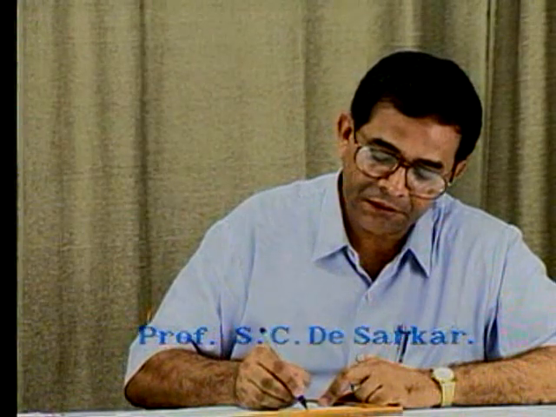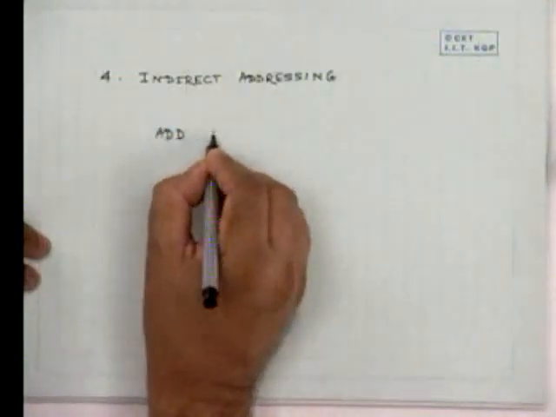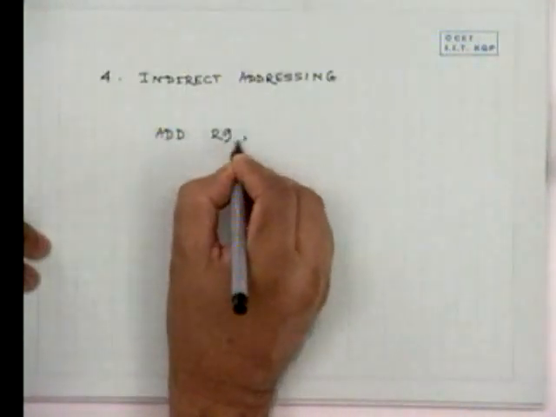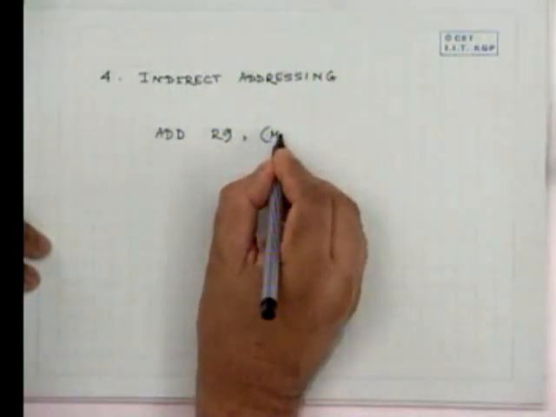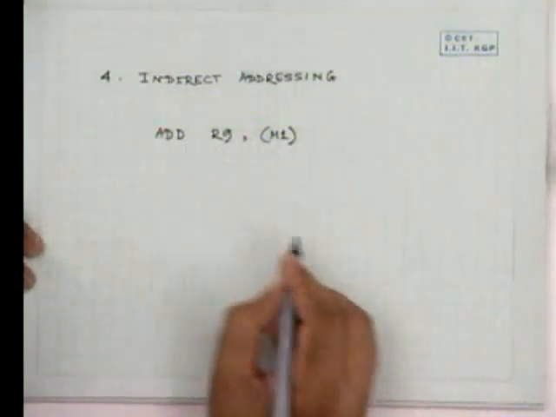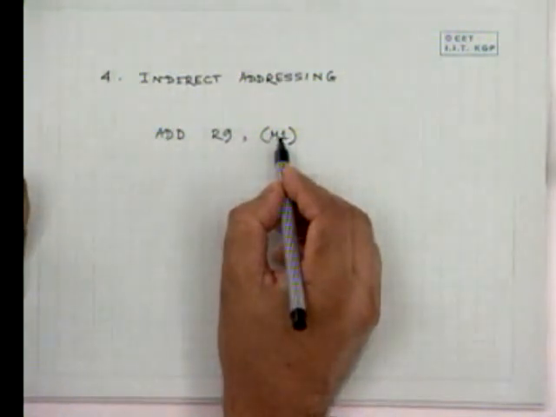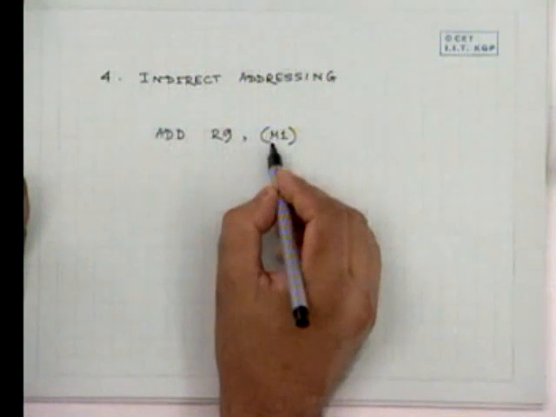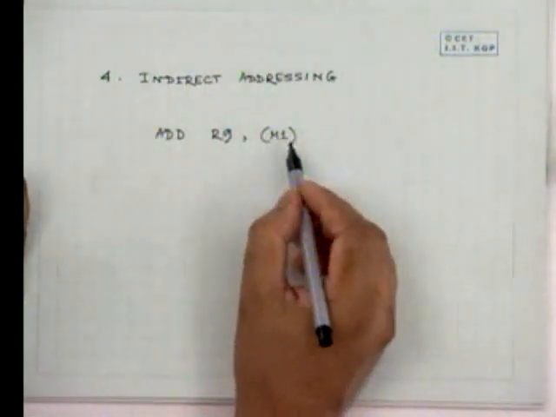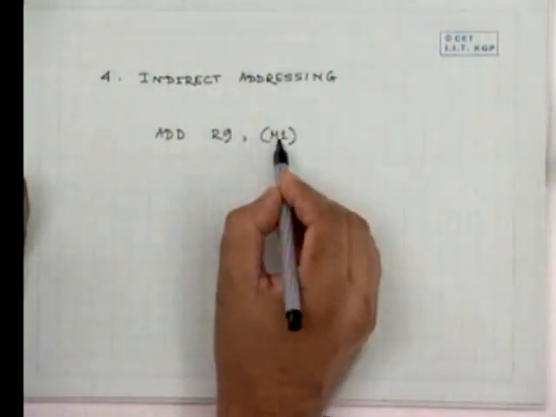Take an example. Say we say add, say register 9, M1, where M1 is the address of a location, and we take the address of the final operand from the content of M1.